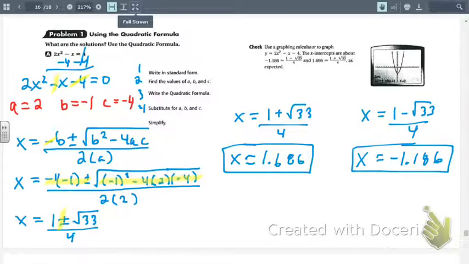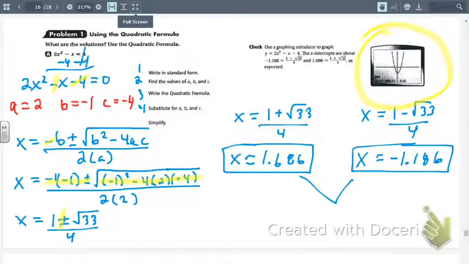You would not have been able to find these solutions by factoring. You would have had to use the quadratic formula to find these. Remember that the solutions are the x-intercepts. So if we look here at the graph, notice where the graph crosses the x-axis.